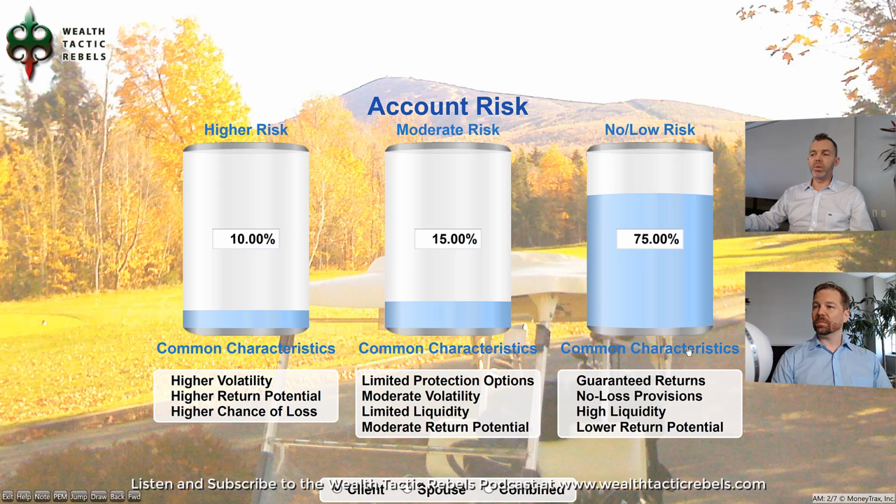And finally, the low risk bucket has potential for guaranteed returns, because we're only going to be growing in that scenario. No loss provisions, meaning it is going to grow. We're not going to lose our money. And high liquidity is possible. And obviously, the return is going to be lower overall. But at least it's steady and I can count on it.